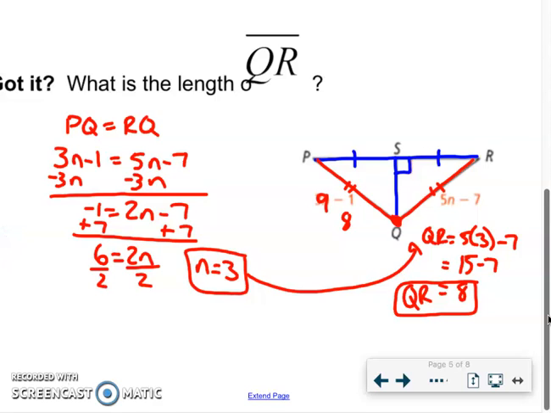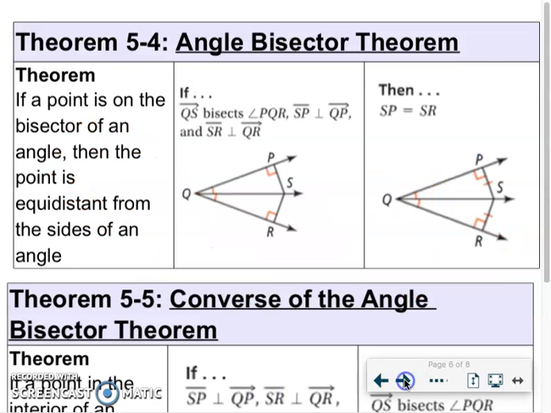That's perpendicular bisectors. The next part is angle bisectors. So the angle bisector theorem says, very similarly to the perpendicular bisector theorem, if a point is on the bisector of an angle, so instead of being on a perpendicular bisector, being on an angle bisector, very similar conclusion.